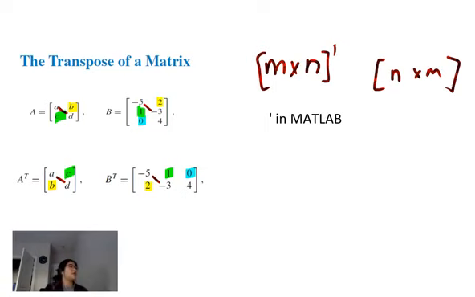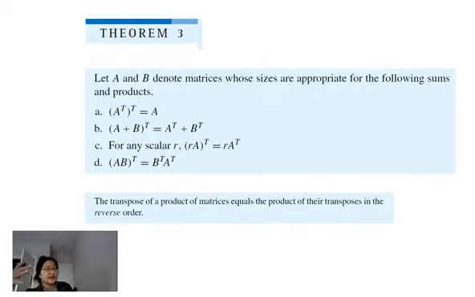Another way to write that is when A has an ijth entry, in A transpose that goes to the jith entry, where you swap your row and your column. Suppose A and B are matrices whose sizes work. If you take the transpose of the transpose, you end up with the same thing, since you undid the transposing.